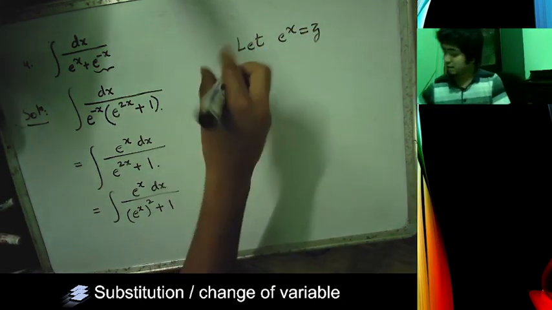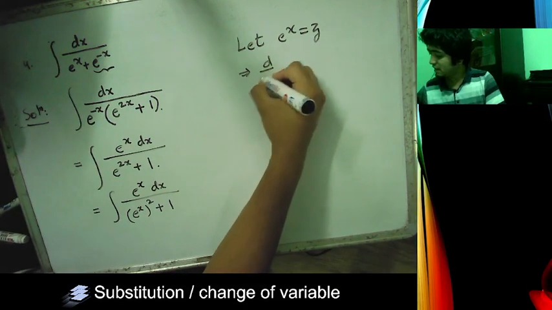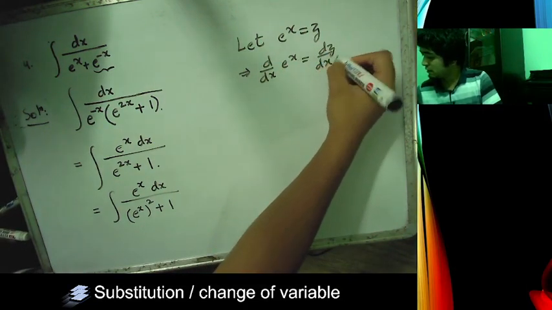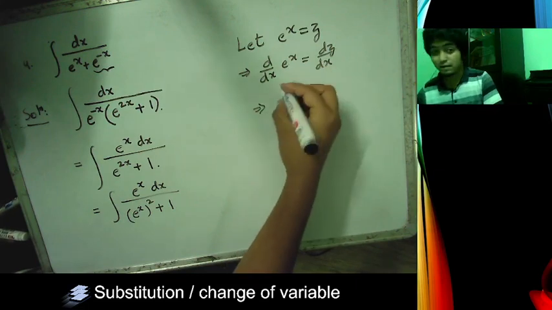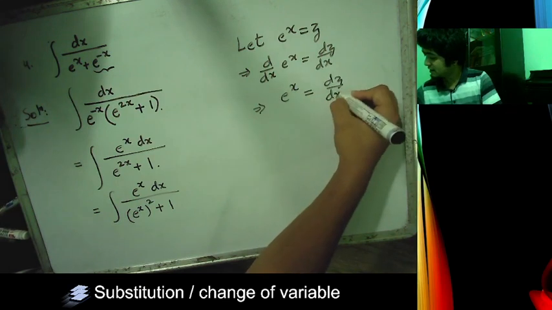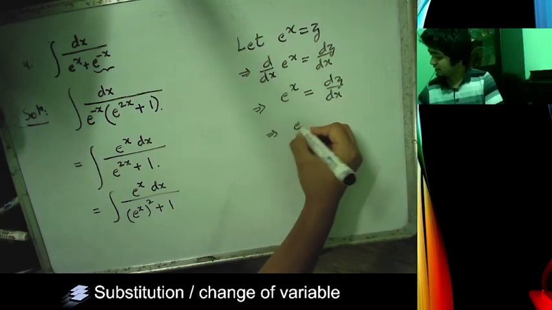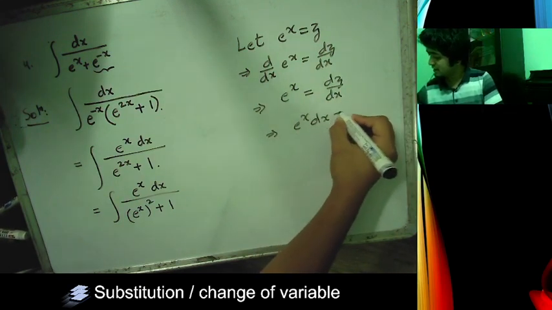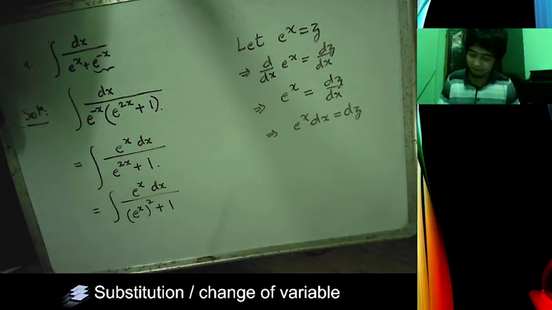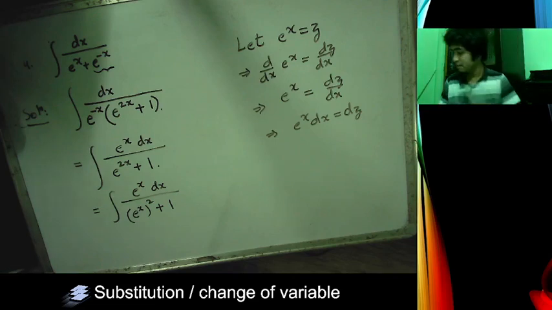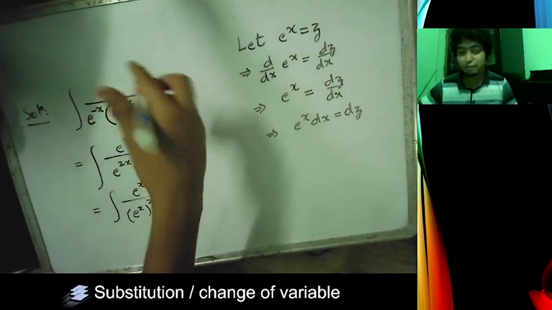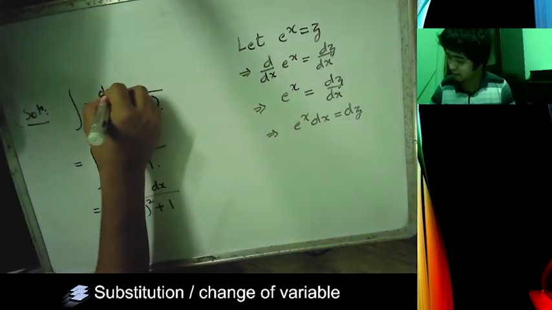Once we substitute this one, we will differentiate. You will be having e power x equal dz dx, and over here you will be getting e power x dx equal dz. So you'll be having this. So with this substitution, what have we achieved?